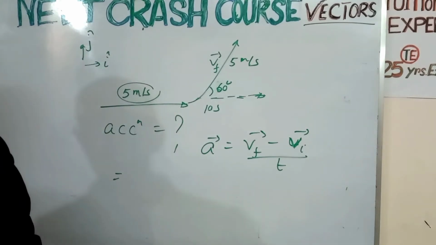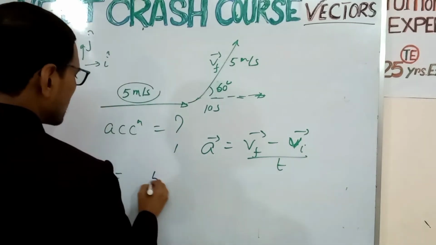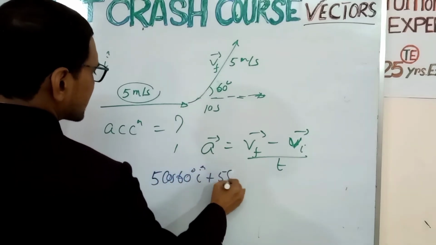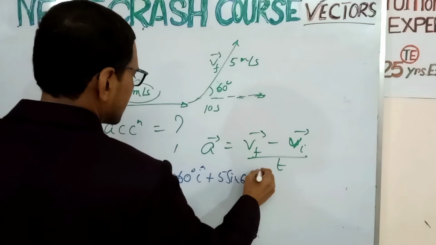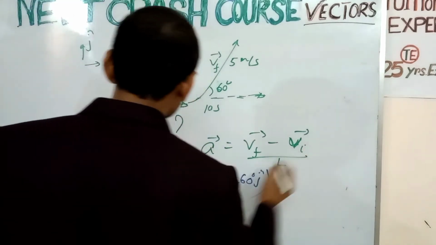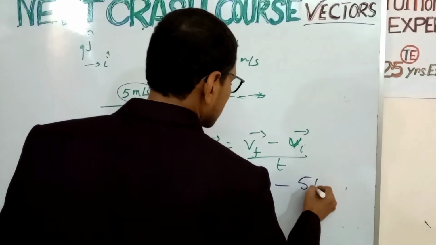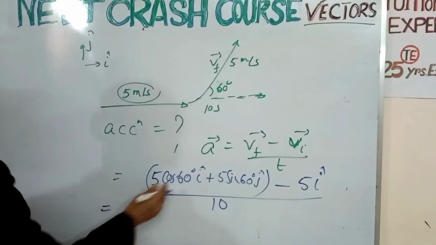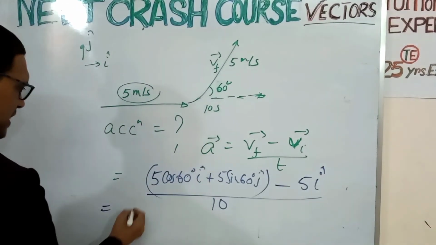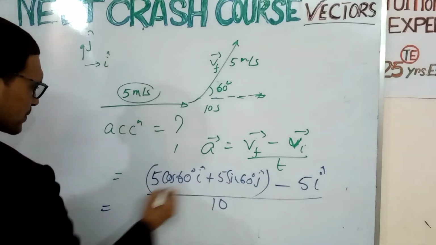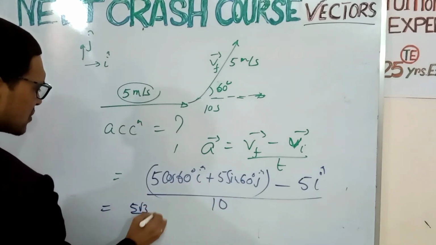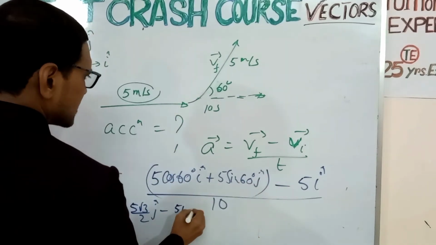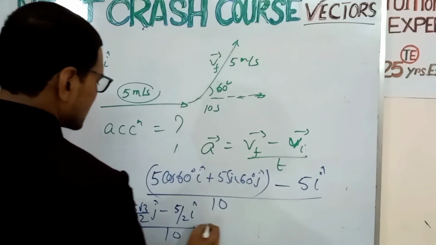So we can write final velocity equal to 5 cos 60 degree i plus 5 sin 60 degree j, minus the initial velocity 5 i, and time is 10 seconds. Now cos 60 is half, so 5 by 2 minus 5 i, plus 5 root 3 by 2 j, divided by 10.